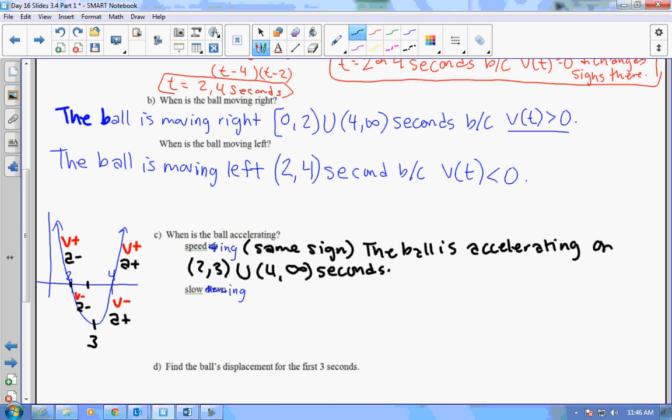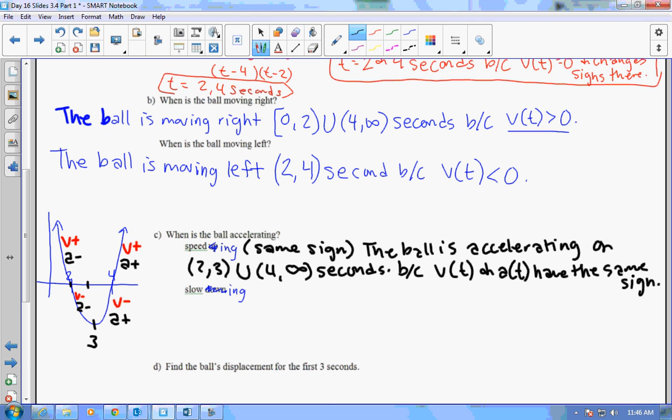You can write because here v of t and a of t have the same sign. So for speeding, 2 e's. I need a way to remember this. Speeding, 2 e's. They both have the same sign.